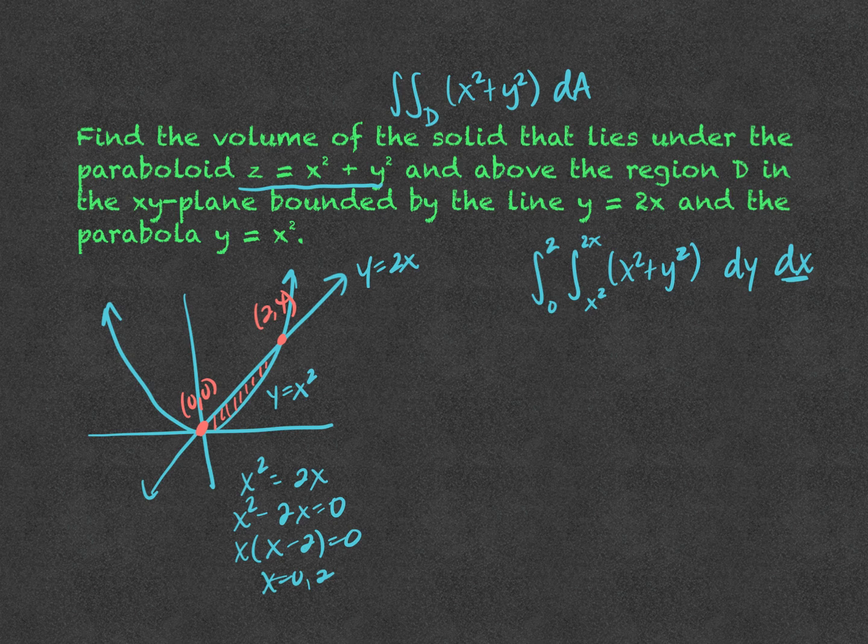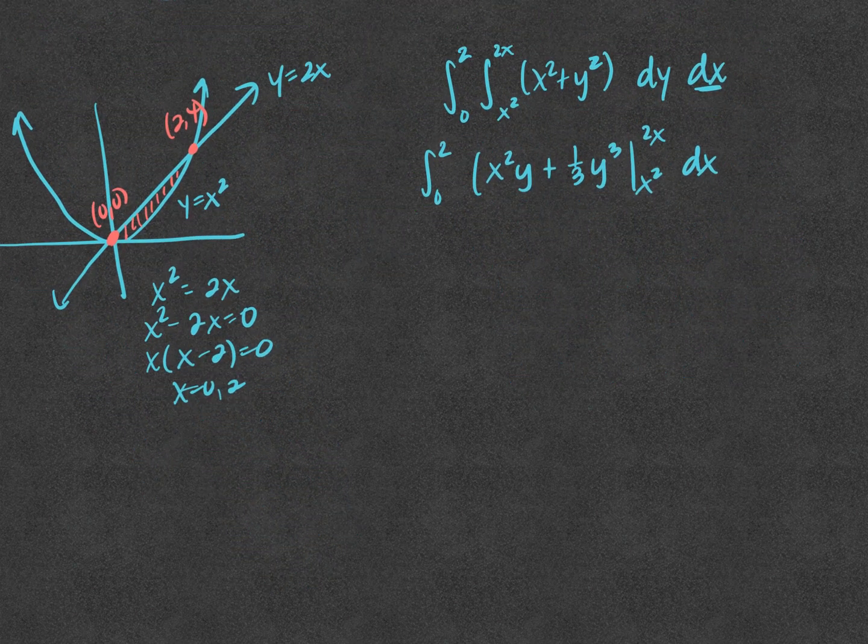So now we're going to integrate first with respect to y. We're going to keep the 0 to 2, and we're going to have x squared y plus 1/3 y to the third. And the bounds are x squared and 2x. And then when we get done, we're going to integrate with respect to x. I'm going to slide all this up and hope it stays. So we're going to keep this outside boundary.